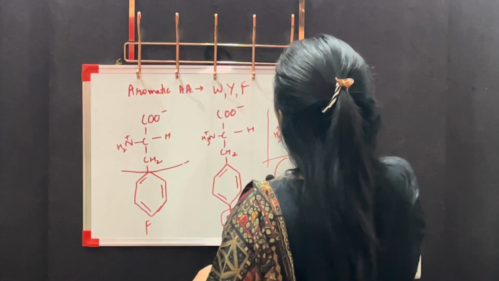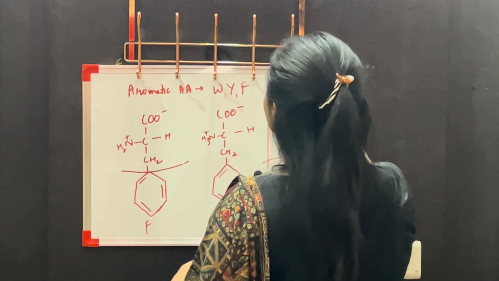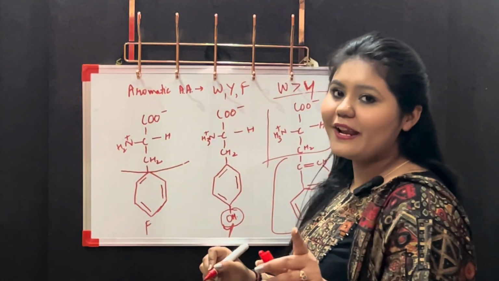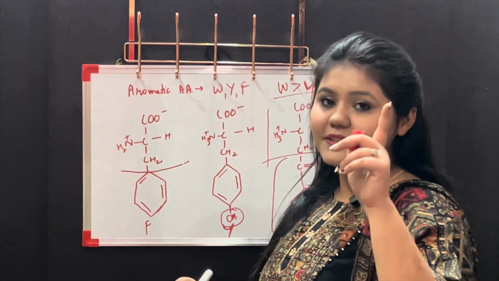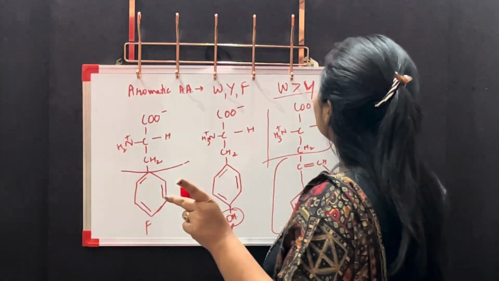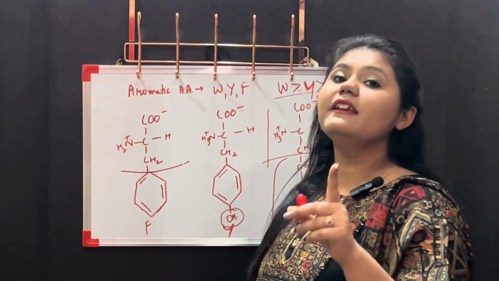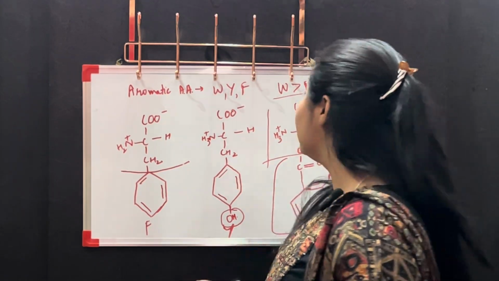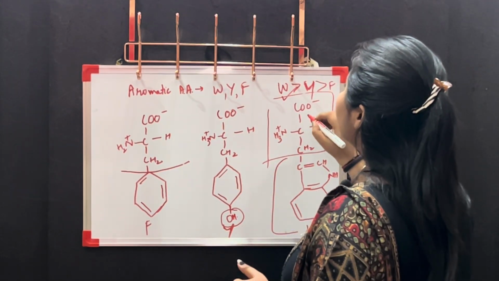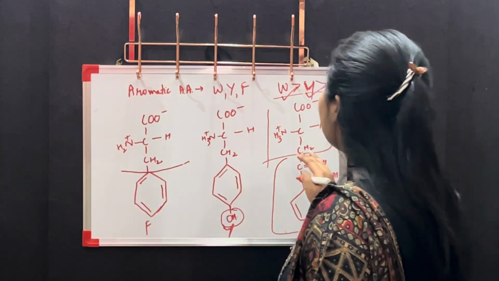Which molecule shows absorbance at 260 nanometer, sorry, 280 nanometer? Tell me in the chat section. At 280 nanometers proteins show absorbance. At 260, which biomolecule shows the maximum absorbance? W will show the maximum absorbance at 280, then Y, then F. And it has the indole group.